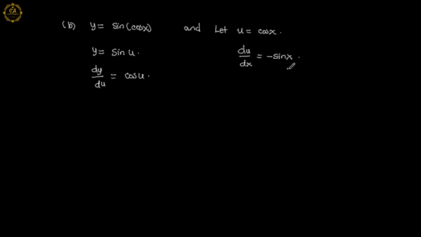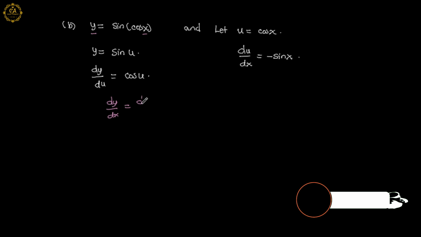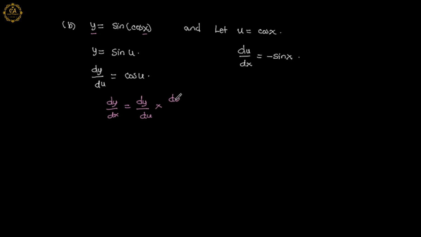Now let's combine the two expressions here from these replacements using chain rule that states dy by dx following the original expression here equals to our first derivative dy by du times du by dx.